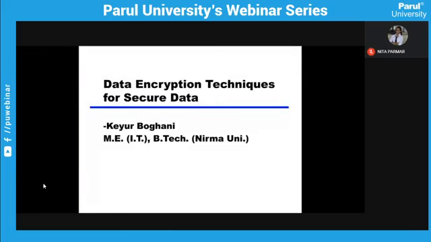Suppose you are sharing your personal photographs on WhatsApp, then WhatsApp is providing end-to-end encryption, so we can make sure that it is safe. But on other websites, if you are using some other social media, then you have to make sure your data is protected.